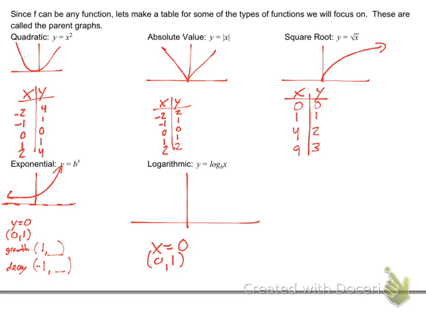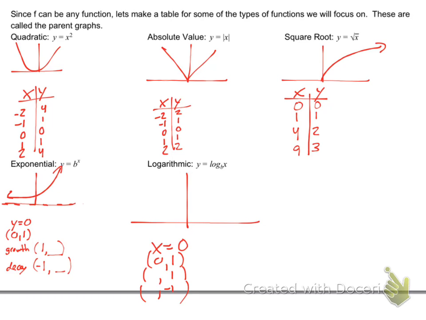Now, the way I actually go about graphing a log graph is just an extension of exponential. I'll find an inverse first, work with an inverse, and then switch it all back. Remember, inverses of points are switching x and y, which is very nice. Same thing for equations. Switch x and y and solve for y. And so, you have different graphs where you'll either have 1 or -1 going in.